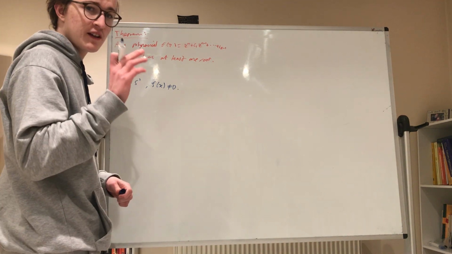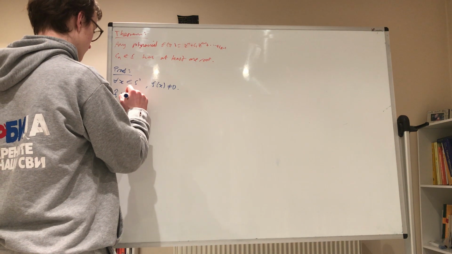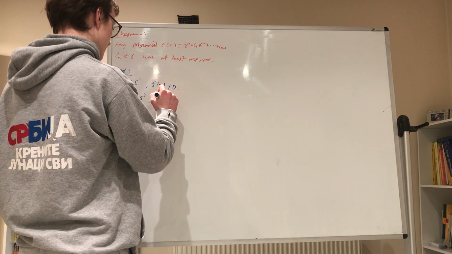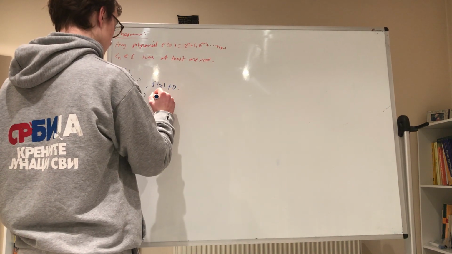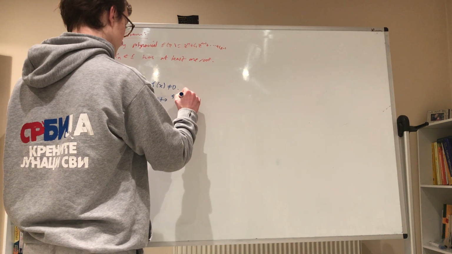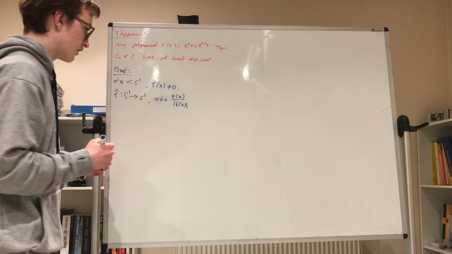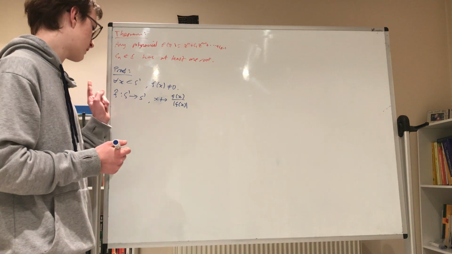Now, this allows us to define f hat from the circle to the circle given by x maps to f of x divided by the magnitude of f of x. Okay, so we're going to compute the degree of f hat.